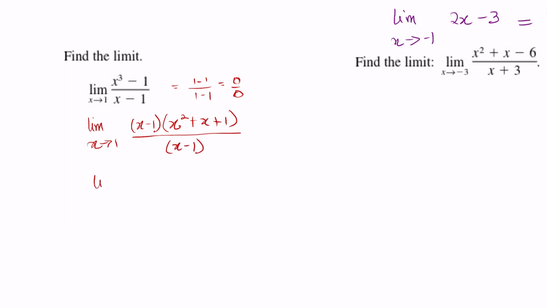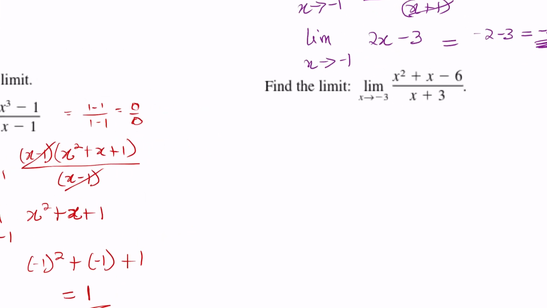So clearly, x minus 1 will cancel x minus 1, leaving x squared plus x plus 1. Substituting 1, we get 1 squared plus 1 plus 1, and our final answer is equal to 3.